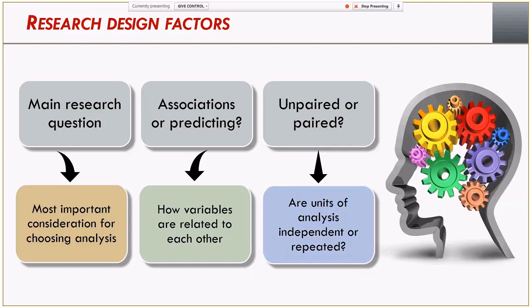Those would be more repeated types of designs, and those call for certain types of analyses. So that is an important distinction between the unpaired and paired, also known as independent observations or paired observations. So keep some of this in mind when you're doing your own stats and your own projects, and how some of what I'm talking about may apply to your situation.